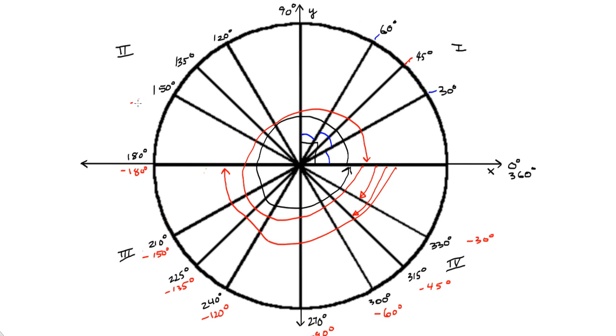So I've got negative 210, negative 225, negative 240, negative 270, negative 300, negative 315, negative 330, and back to 0 again, which would be negative 360 if we measured the angle in a clockwise direction.